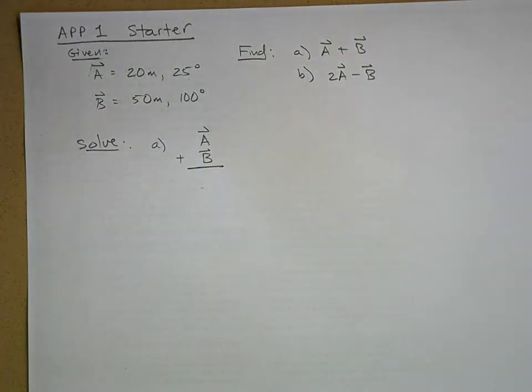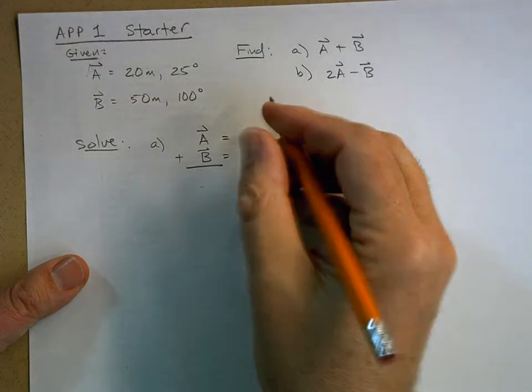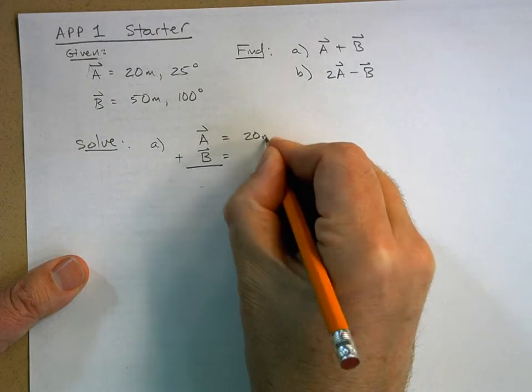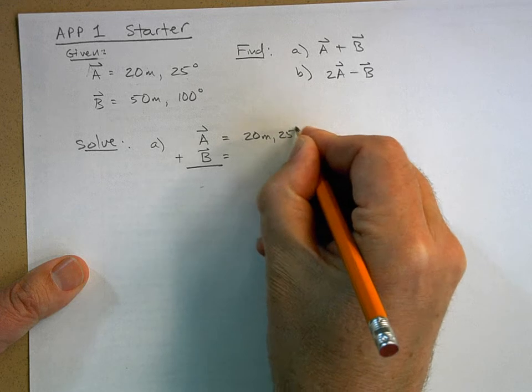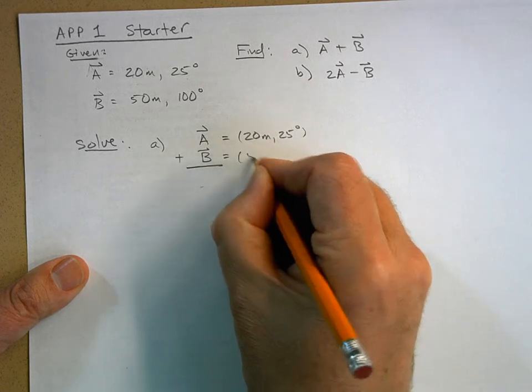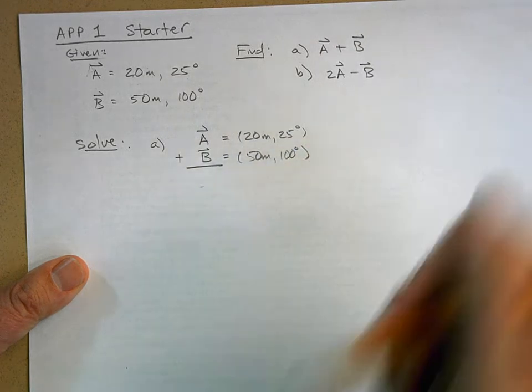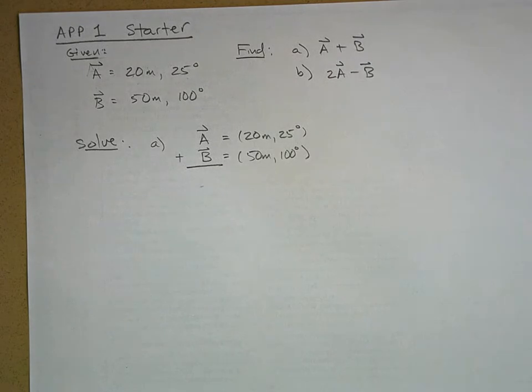Well, if you say 20 meters at 25 degrees plus 50 meters at 100 degrees, if you add this together and say it's 70 meters at 175 degrees, okay, you will, I award you 0 points, and may God have mercy on your soul.